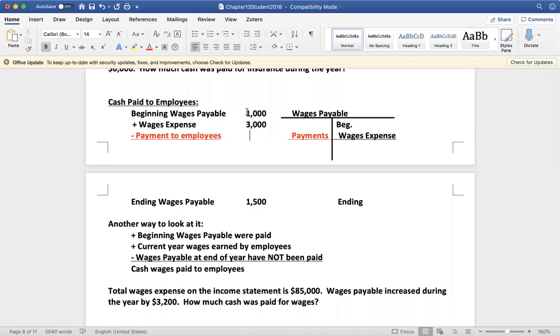Then we use the 1,000 plus the 3,000 minus the 1,500, which will give us 2,500. So 2,500 is going to be our payment to employees.